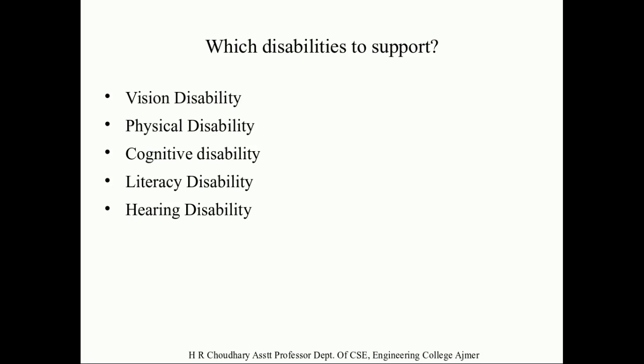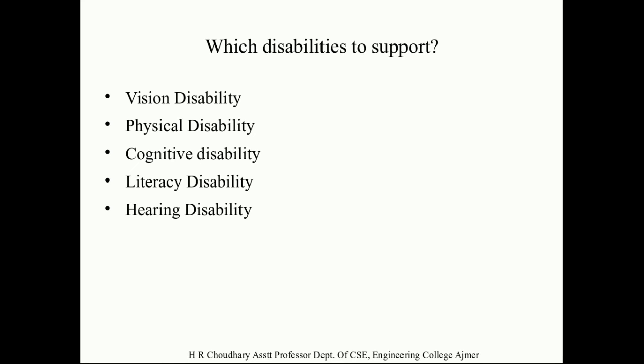Now the next topic: which disabilities to support. These are the disabilities which should be supported by the software, and we should know what different kinds of disabilities there may be. Number one, vision disability. Vision disability can include complete blindness, color blindness, or poor vision, and also vision problems like visual strobe or flashing effects.